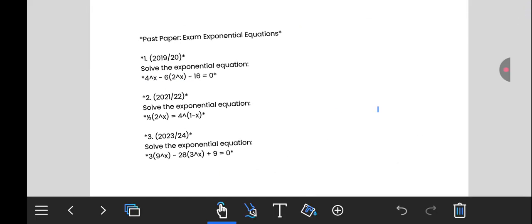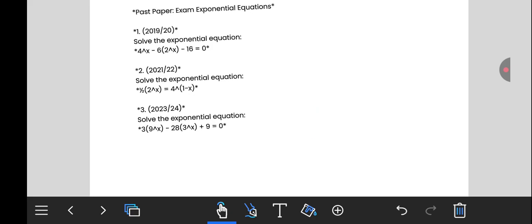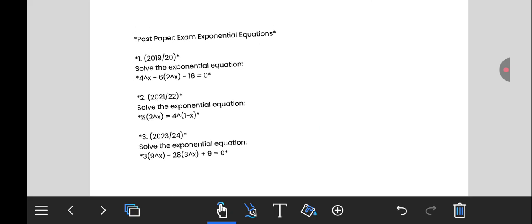Okay, so it is solve the exponential equation. So that's the question. So it is of this kind.